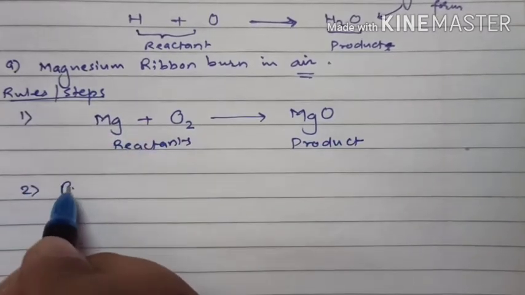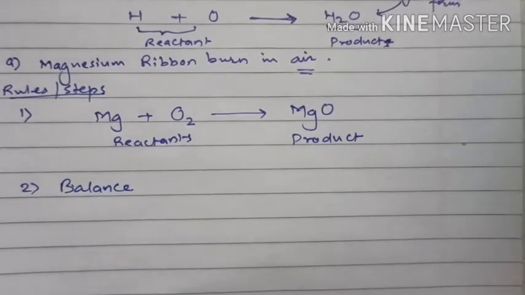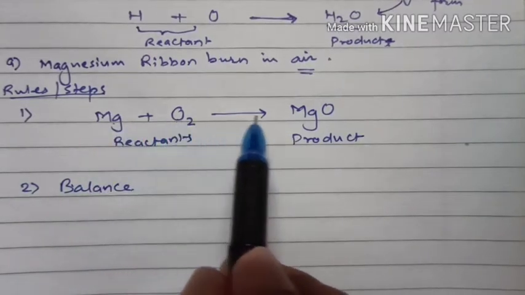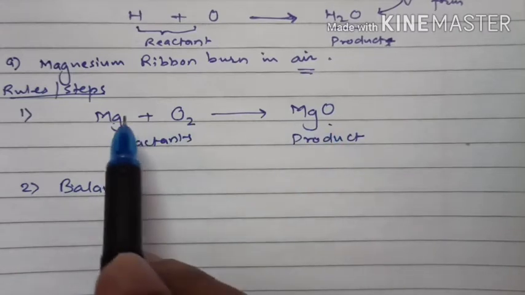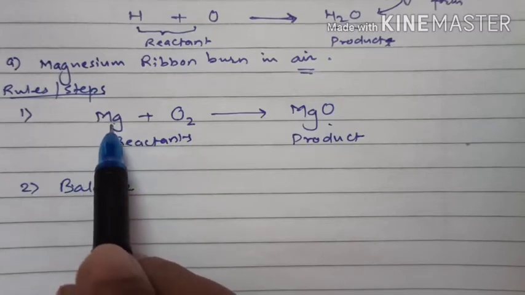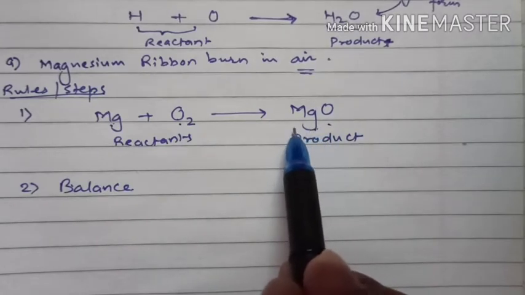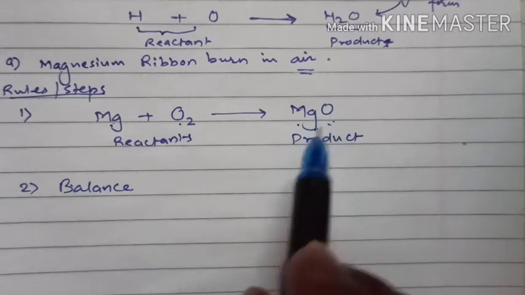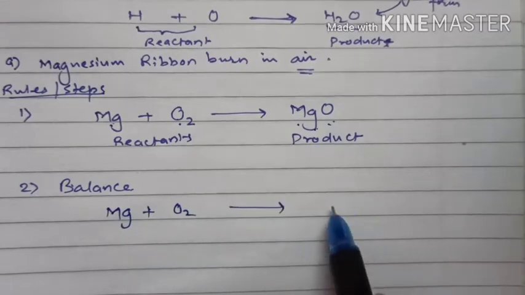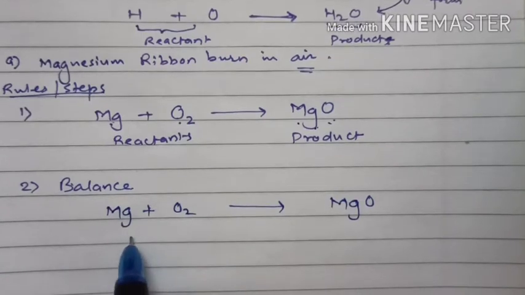The next thing is we have to balance it. So how can we balance it? We will check whether it is balanced or not. So over here is magnesium plus oxygen, which gives rise to magnesium oxide. To balance the equation, we use the hit and trial method.